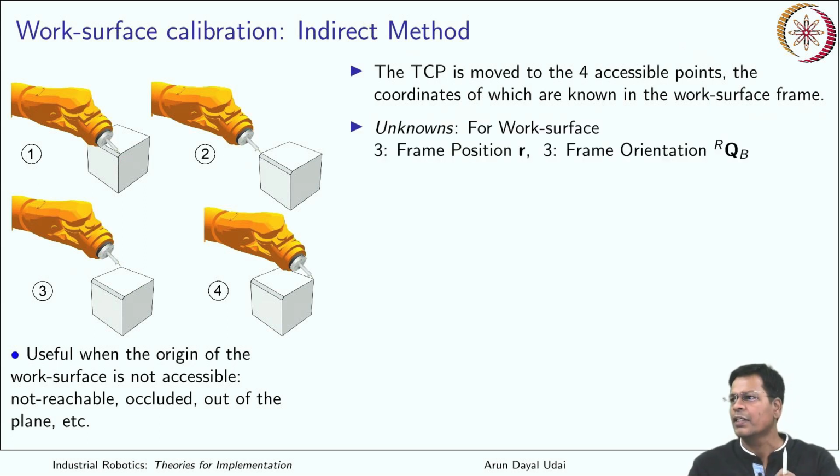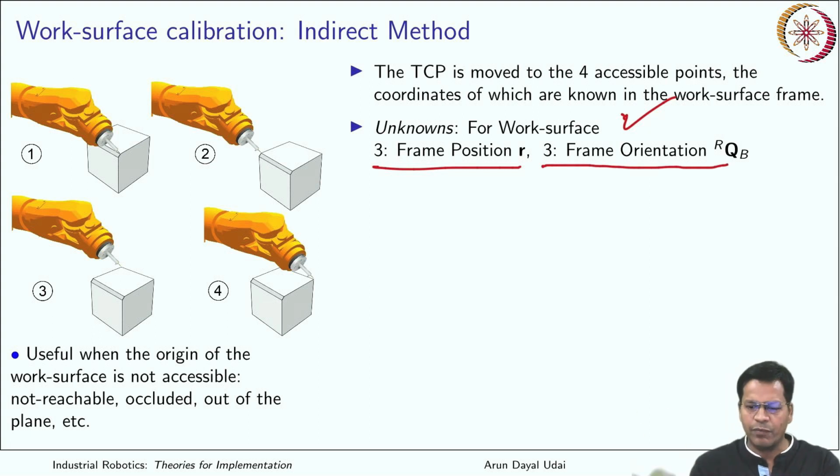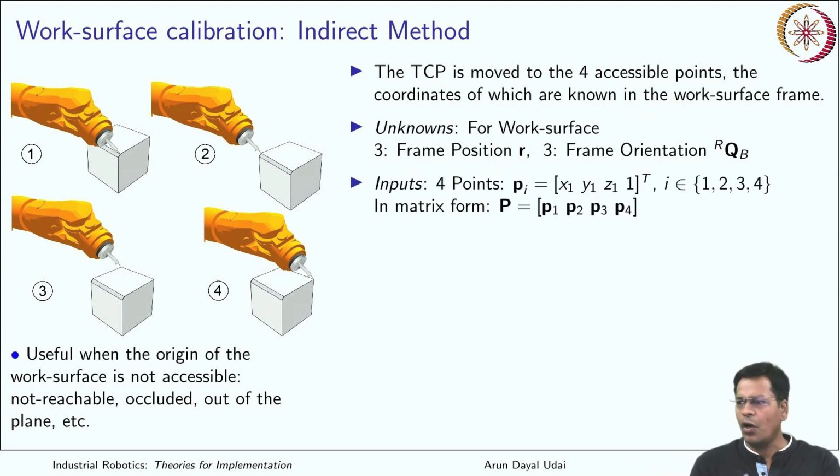So that is there. Unknowns for the work surface: 3 for the frame position and 3 for the frame orientation. Same way we had it earlier. So how many inputs are you feeding? 4 points. That is Pi: x1, y1, z1, x2, y2, z2, x3, y3, z3, x4, y4, z4. i varies from 1 to 4, and I can arrange all the points in this manner.